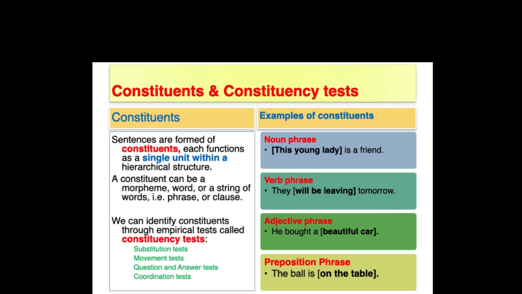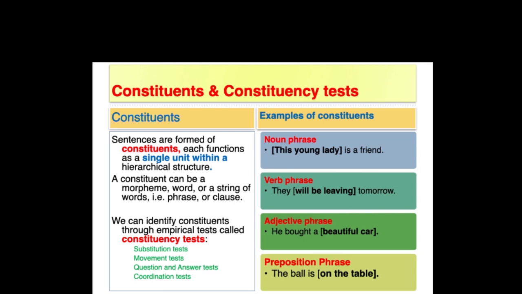Now, what do we mean that it stands as a single unit? It means that we cannot, for example, say "this" and stop, or say "this young" and stop, but we can say "this lady" or "this young lady". And we are going to come to a specific way where we can test how we know a string of words constitutes a constituent.